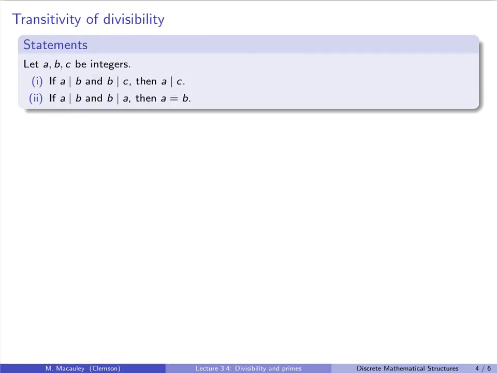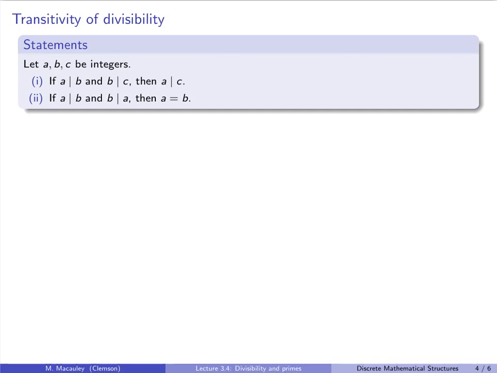Next up are two statements on divisibility that both seem like they should be true, but I'll tell you right now in advance that one of these is actually false. Let's see if you can figure it out before I tell you. Suppose we have three integers, a, b, and c. The first one says if a divides b and b divides c, then a divides c.